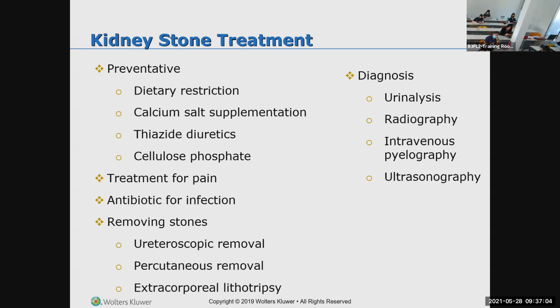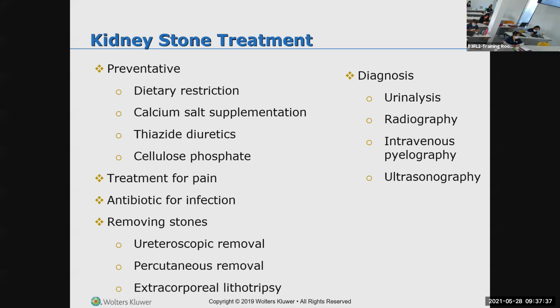If somebody is diagnosed with calcium stone because they did IVP, intravenous pyelography, and the report comes with calcium stone, the patient needs to be prepared for surgery because the stone is big. Sometimes the stones are small and can be removed without surgery. But in order to prevent further development of the calcium stone, the patient needs to be advised.